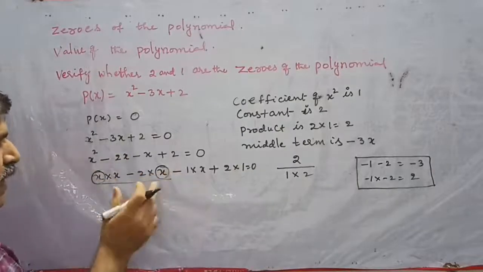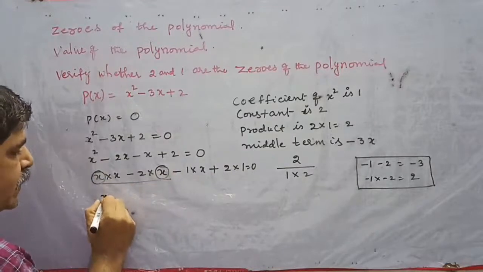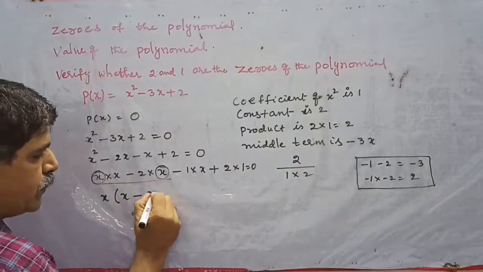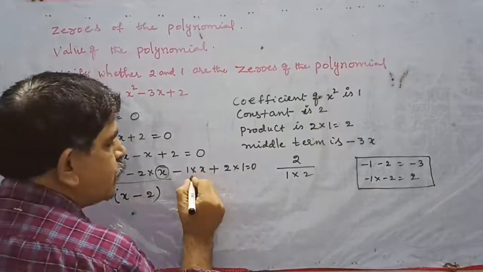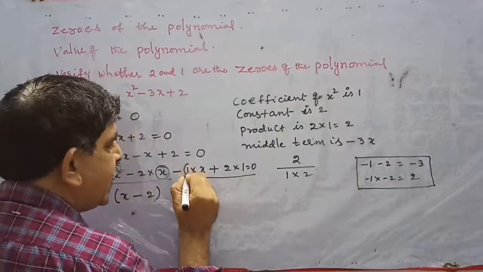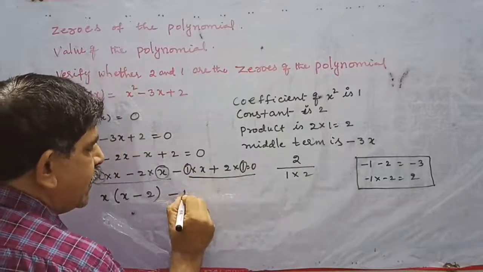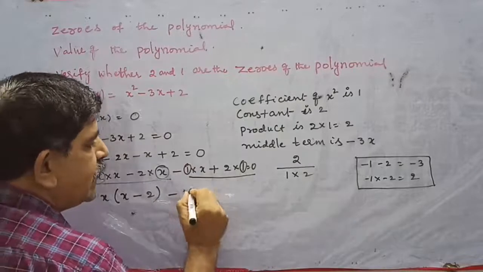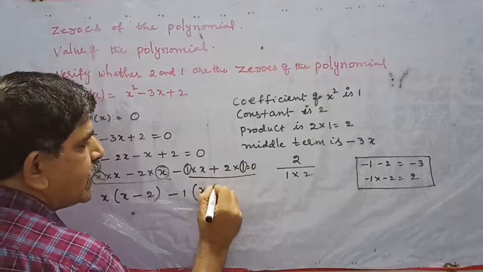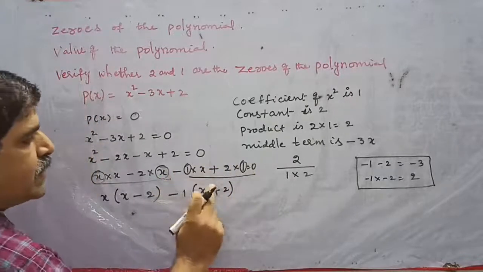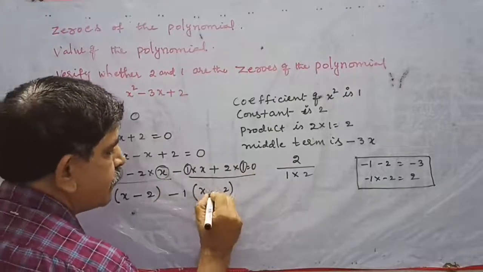X is the common factor of these two terms. So taking x out, the remainder is x minus 2. From these two, what is the common factor? Here 1 and here 1, so you take out minus 1 as the common factor. The remainder is x and here plus 2, so x minus 2.